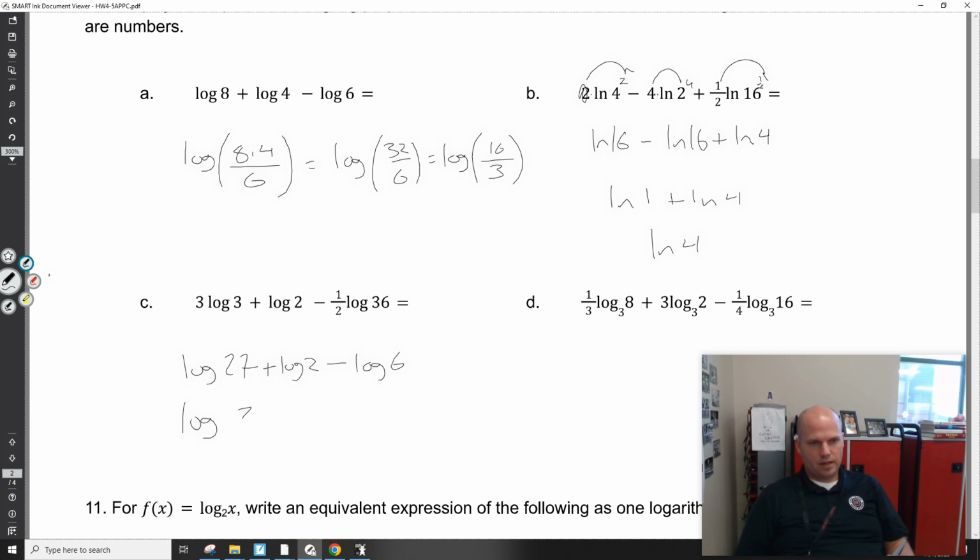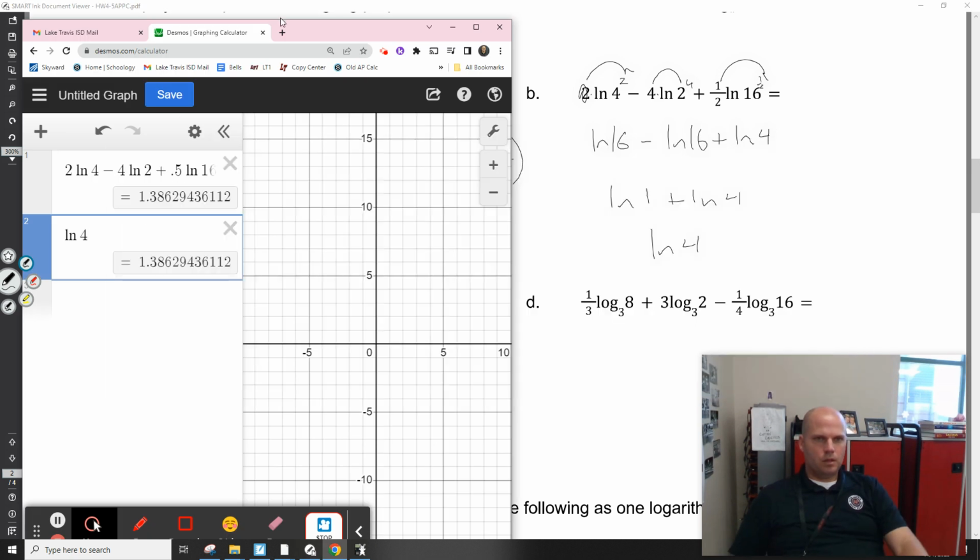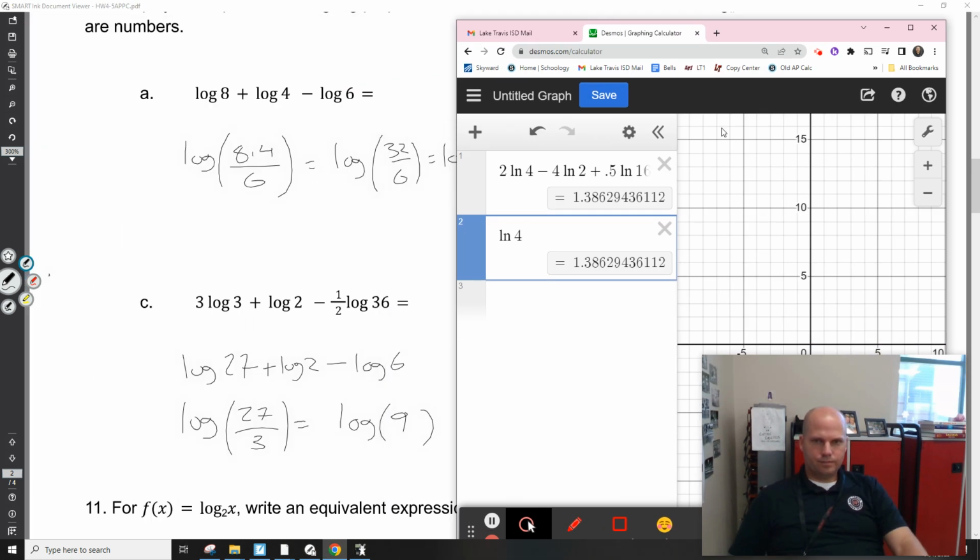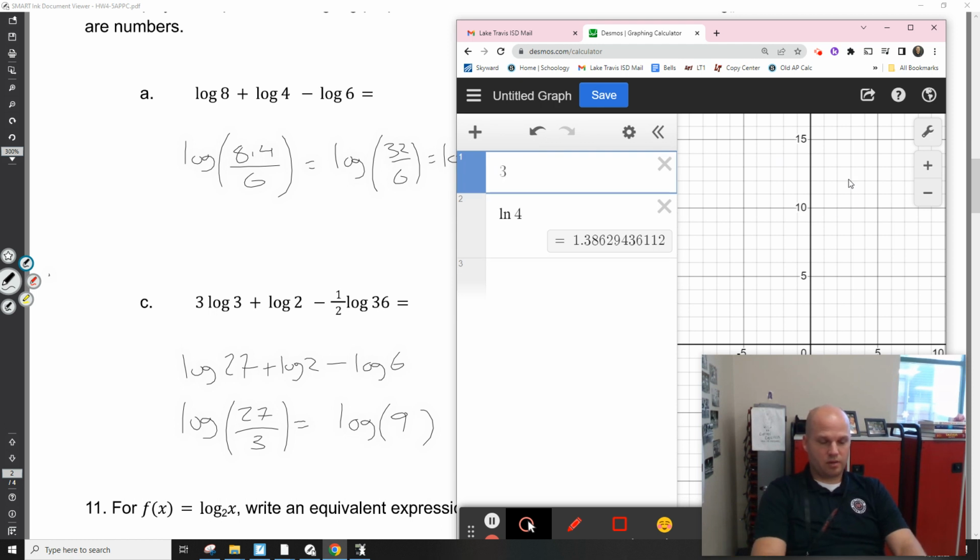I'm probably going to do that to get 27 over 3, which is 9. You could do 54 divided by 6. You get 9. I just like seeing it. Also, I like to make sure I'm doing things correctly. So this is me checking my work to make sure I'm not telling you the wrong answers.